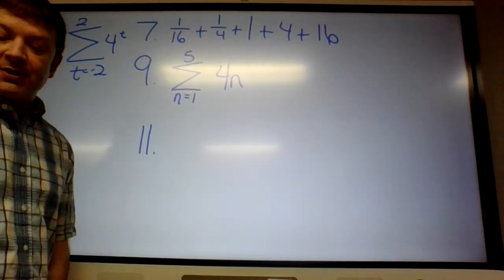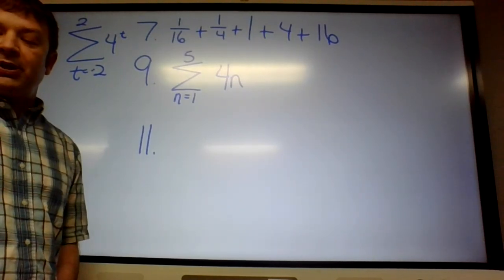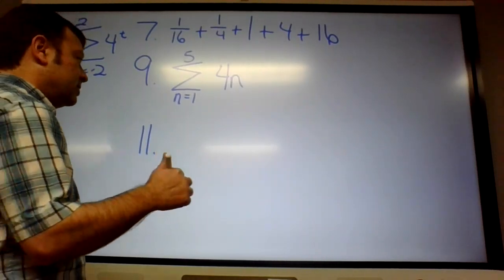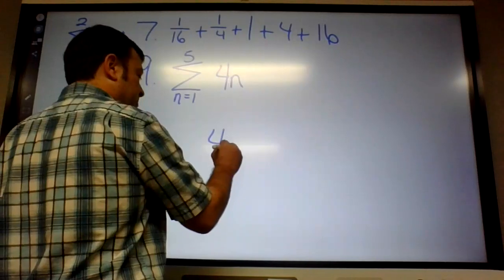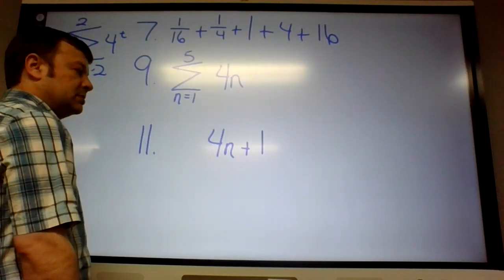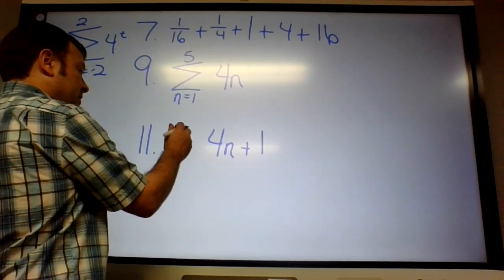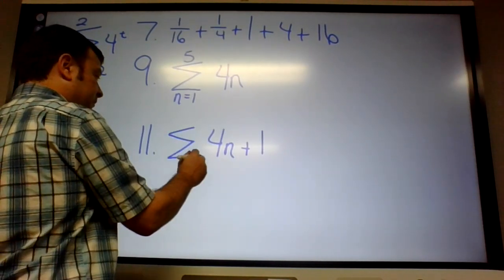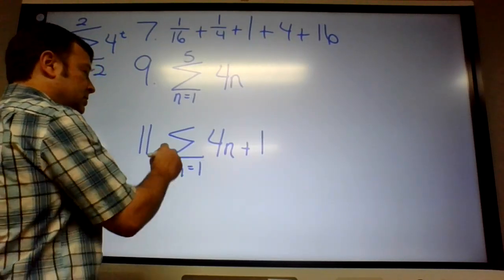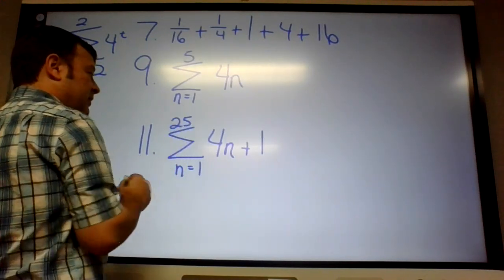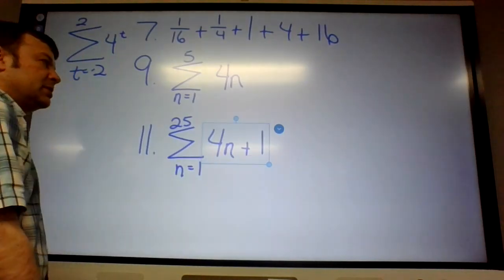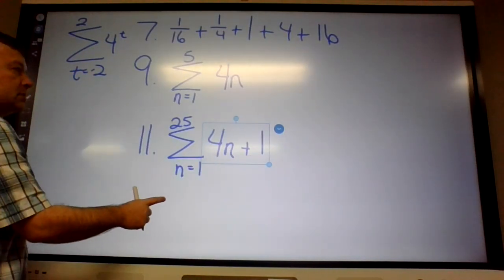So the pattern basically is 4 times n, but it's plus 1. Number 11 looks like number 9, but all the terms are 1 bigger. So our little formula will be 4n plus 1. It just makes everything 1 bigger. And we'll be counting from 1 to 25, because 4 times 25 is 100. So this would give us 101.